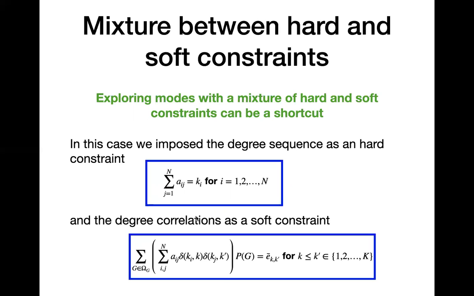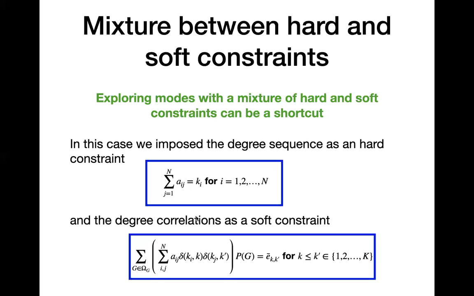So you can have an ensemble in which you fix the degree of each node, and then you have a set of soft constraints in which you impose the expected number of links between nodes of degree k and nodes of degree k prime. And you can generate these networks using, for instance, the Metropolis-Hastings algorithm, or a variation of the algorithm that I described to you in the previous lesson.